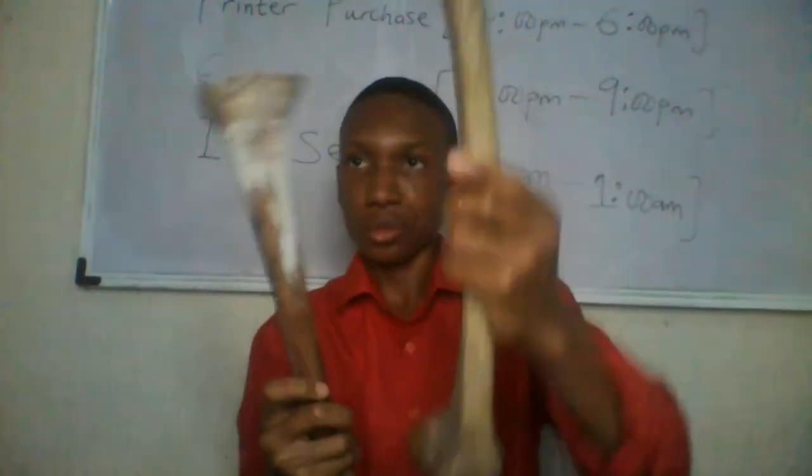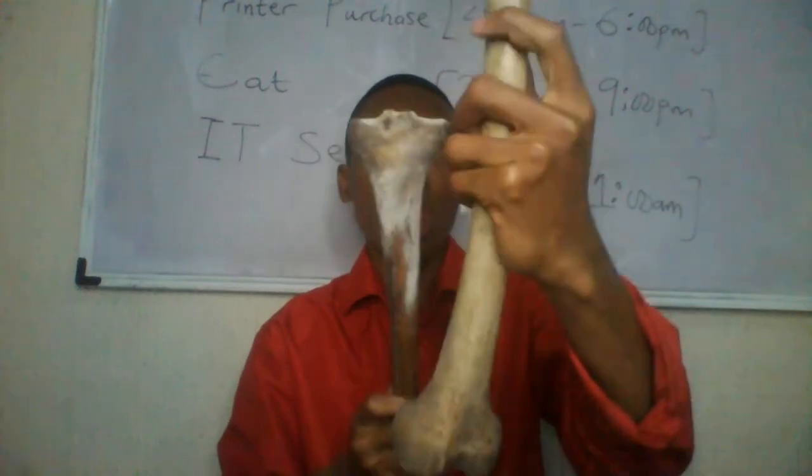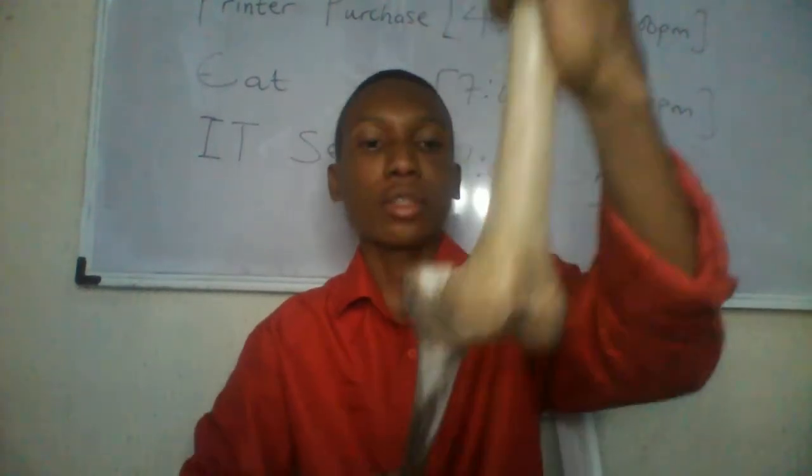Then look very closely. You can see that between this medial condyle and the lateral condyle, you have a superior articular surface. This surface is going to articulate with the condyle of the femur. Okay, so let me show you that. Look now.